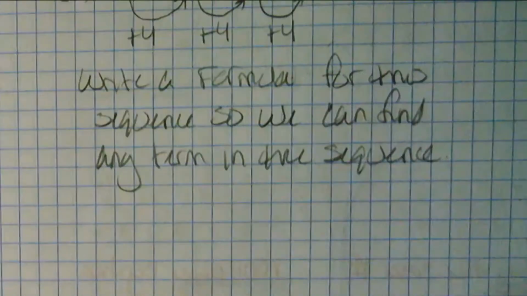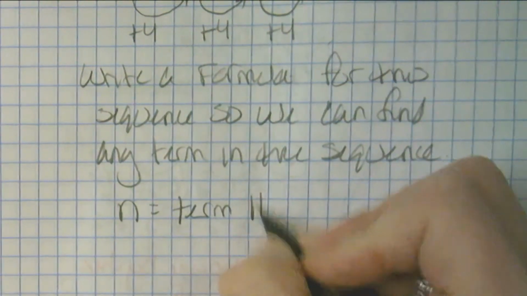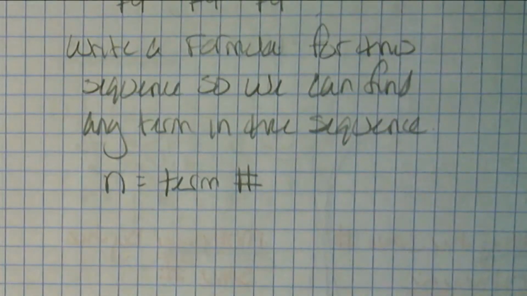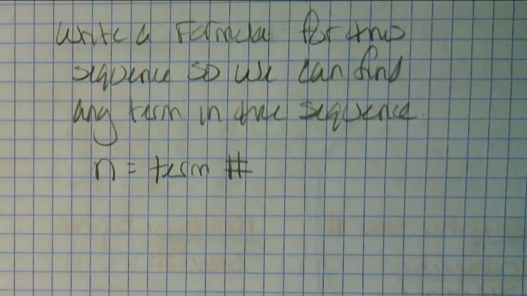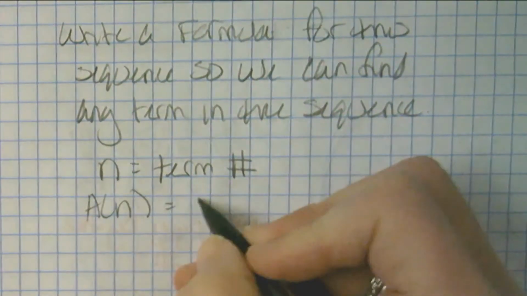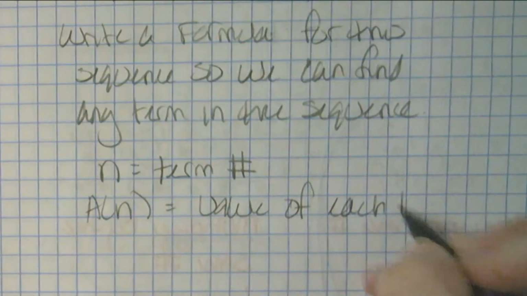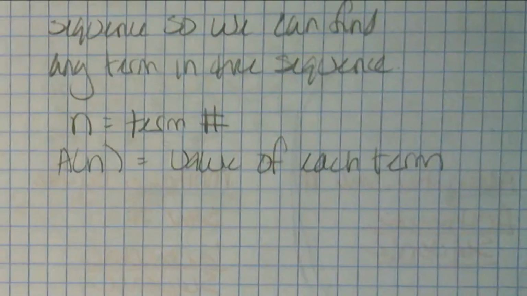So I'm going to say n is my term number. All right, I'm going to say a of n is the value of each term. So I'm defining the variables that I'm using.